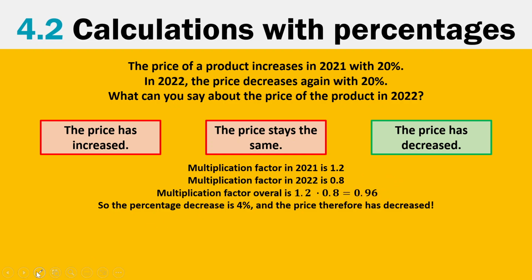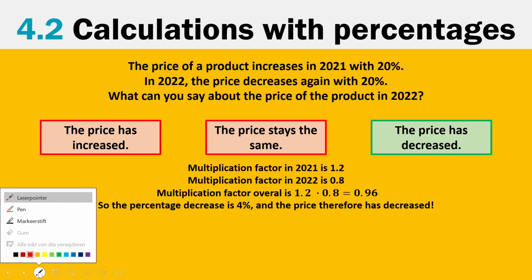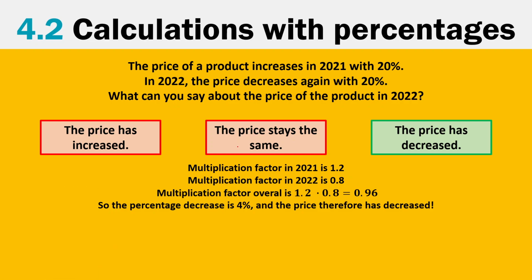And it has to do with the fact, and I can actually show you that. Let's write it down for a second. Let's say that I started at 100 euros, and I have a 20% increase. Then I get 100 times 1.2 is 120 euros.